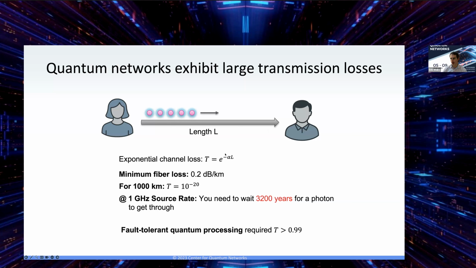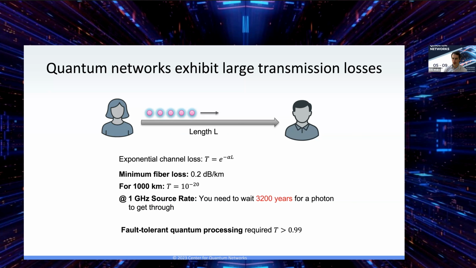And the best fiber losses we have to date at telecom are about 0.2 dB per kilometer. So for 1,000 kilometer distance, if you want to send it over 1,000 kilometers of fiber, your transmission is 10 to the minus 20. It is astronomically low. If you want to use a single photon source at a 1 gigahertz rate, creating photons at a 1 gigahertz rate, you'll need to wait 3,200 years for a single photon to make it through the channel.